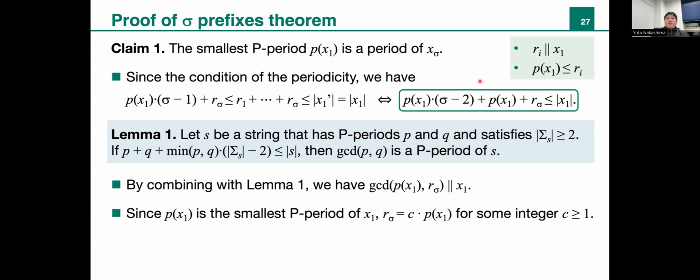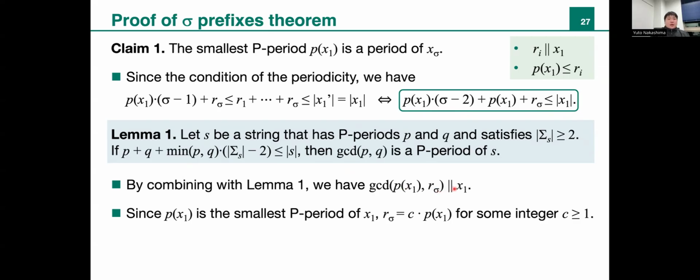So the divisors of P of x1 and R sigma are parameterized periods of x1.